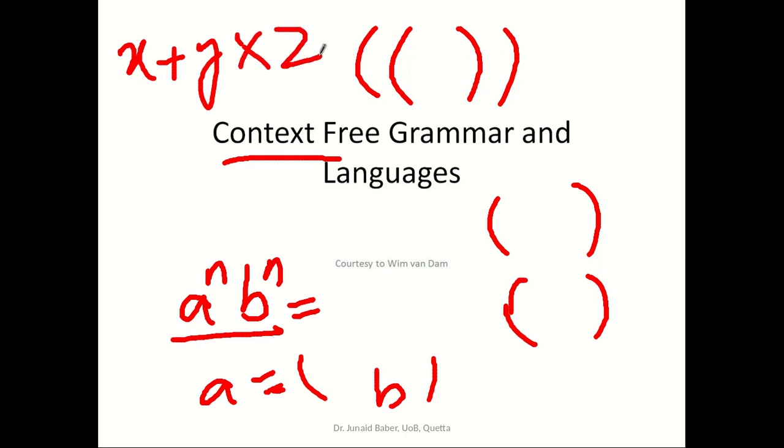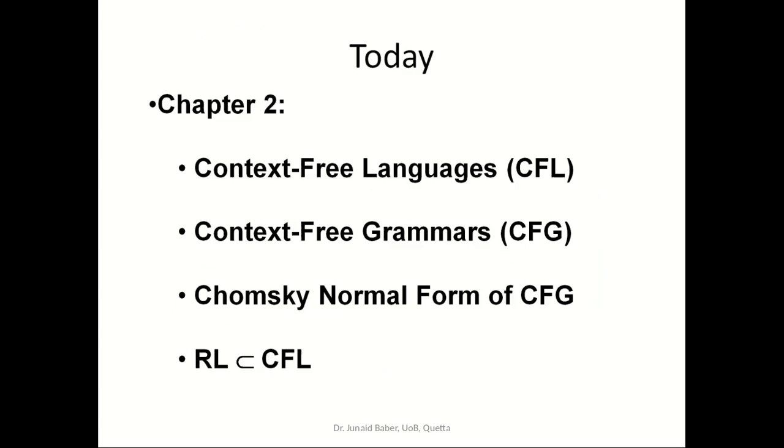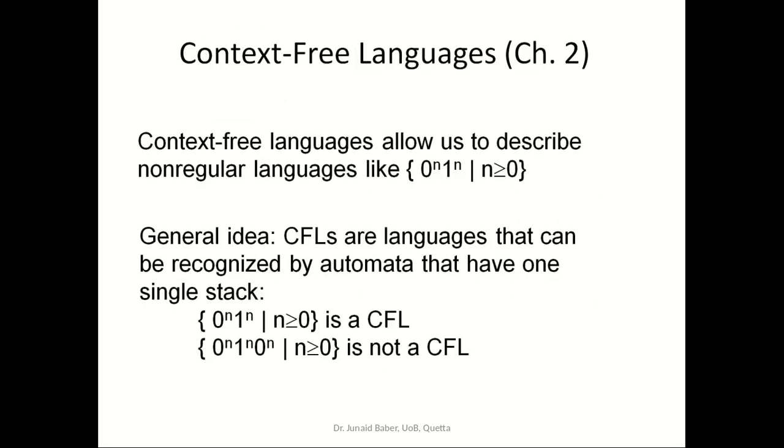Whether this is a correct syntax, whether this can be generated using a grammar, we will see, and we will be doing so many examples on arithmetic types of grammars or languages. Context-free languages allow us to describe non-linear languages, and non-linear languages have so many examples.